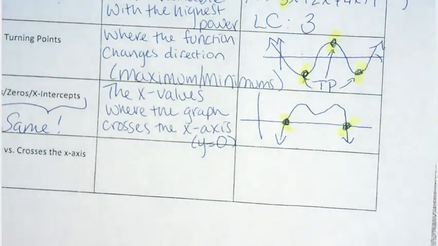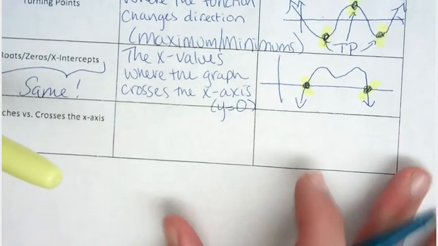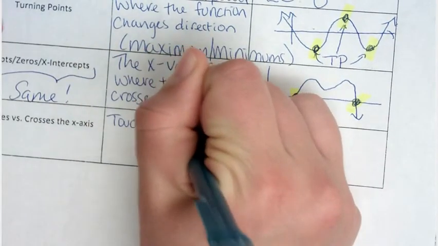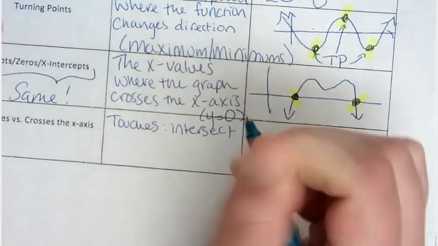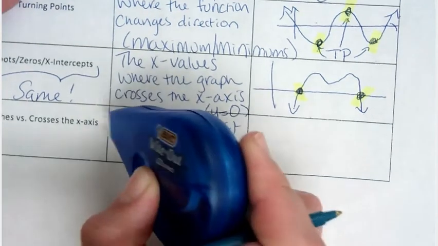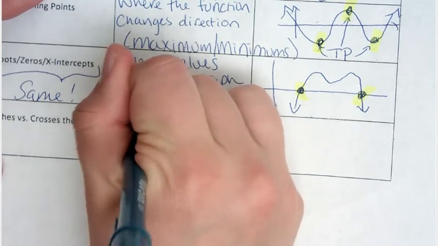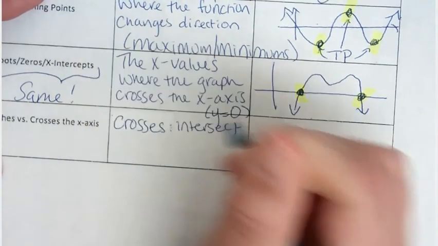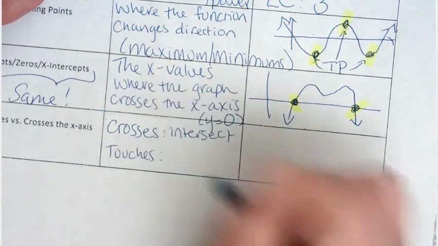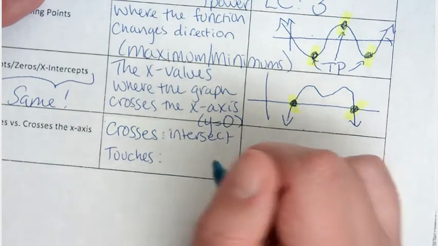And then touches versus crosses the x-axis. Oh, I'm sorry, I meant opposite. So crosses is going to be intersecting, and then touches is going to be just touching.